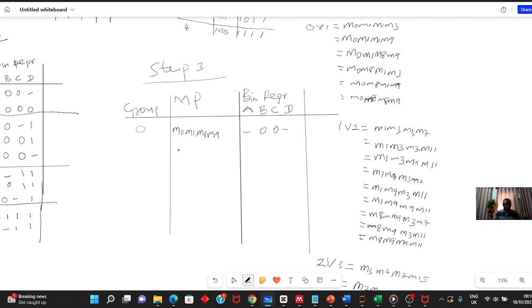So the next one we are going to keep under the group of 0 is M0, M8, M1, M9, and then the binary combination is dash 0 0 dash, right?